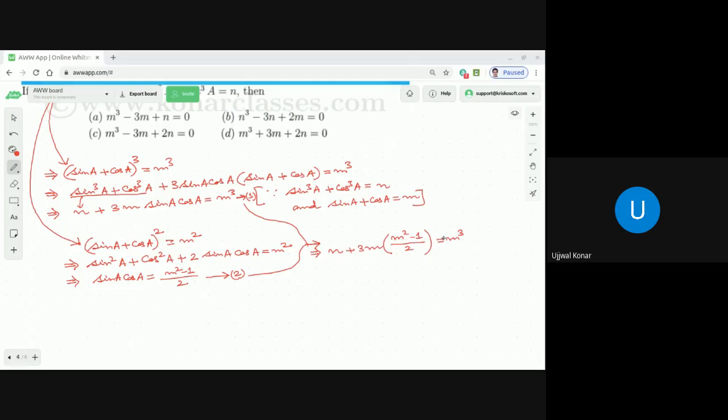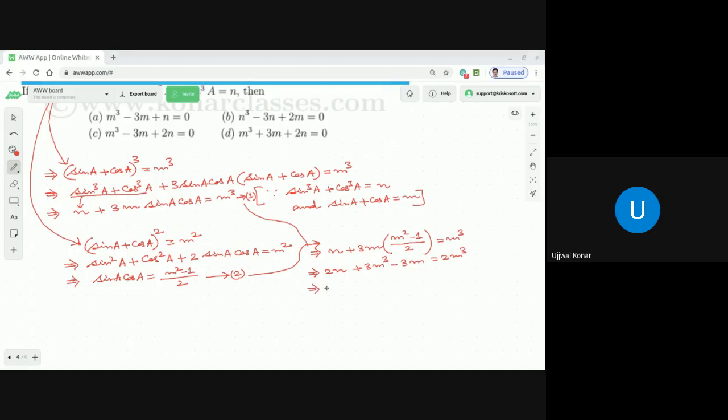Correct, na, dear students? Now let's simplify it. So from here, if you simplify, 2n plus 3 into m cube minus 3m is equal to 2 into m cube.